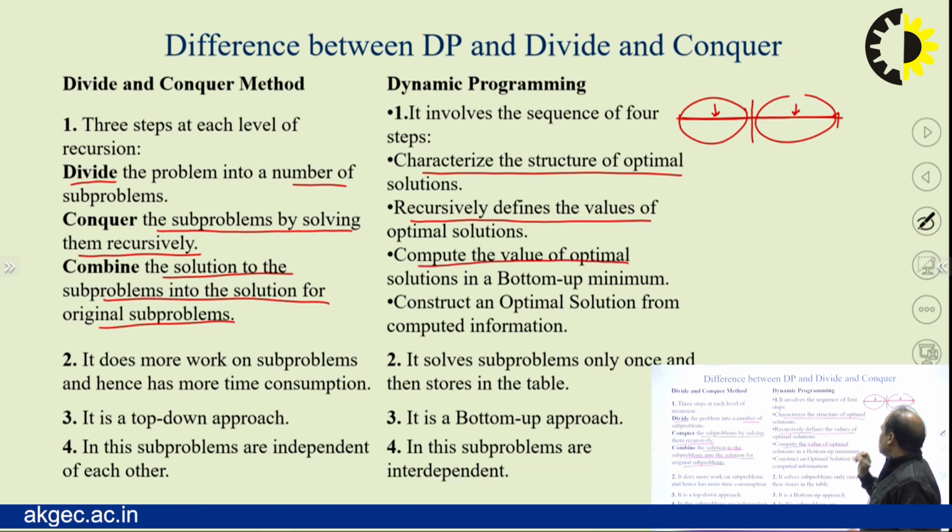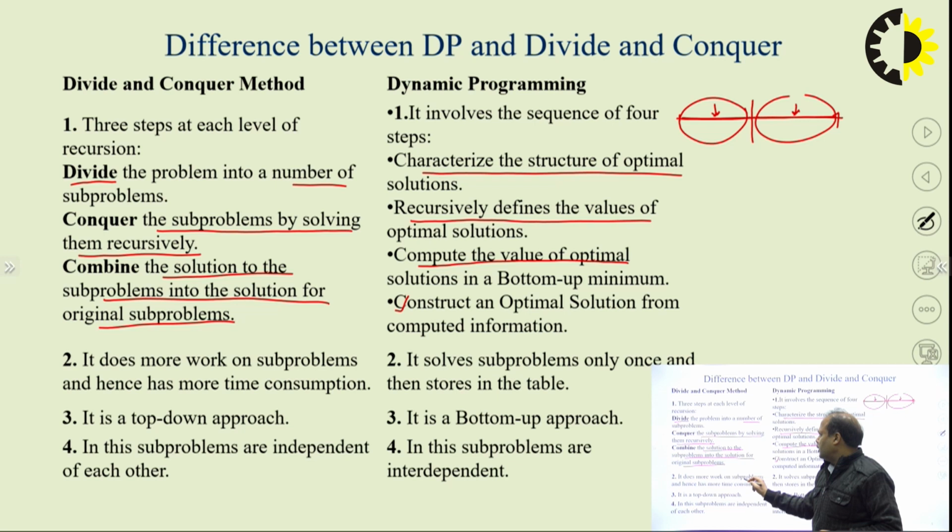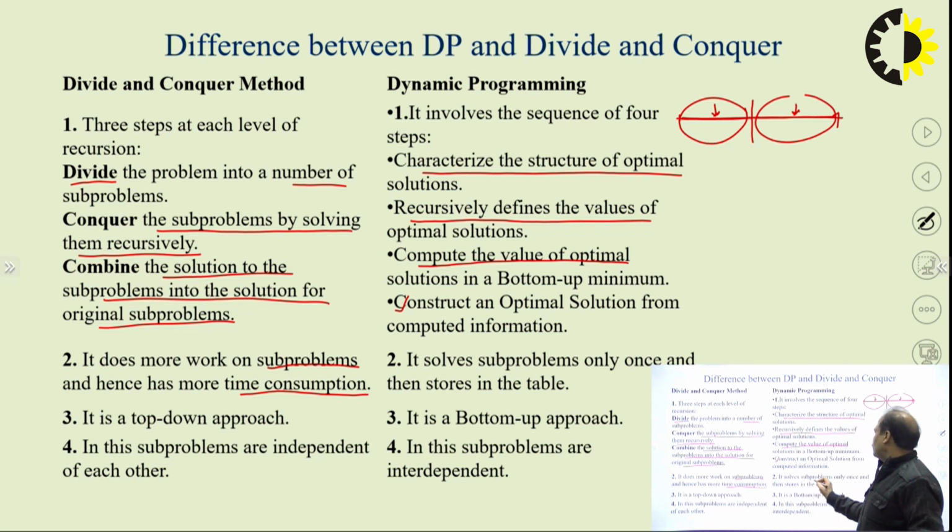After that, we compute the value of an optimal solution in a bottom-up approach. The final step is to construct an optimal solution from the computed information. So it does more work on the subproblems and hence has more time consumption. It solves each subproblem only once and then stores it in the table.